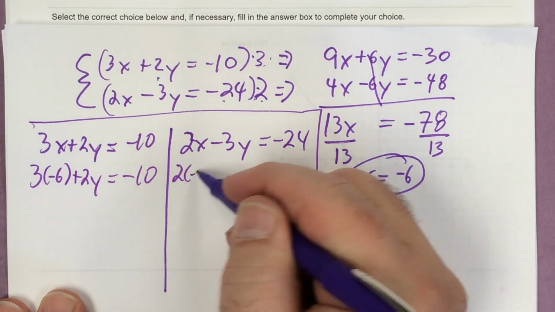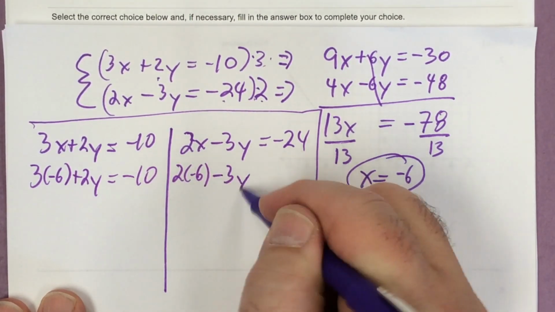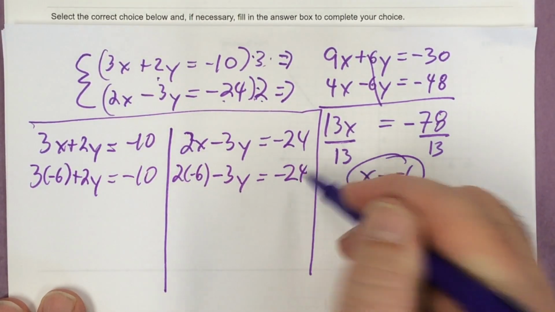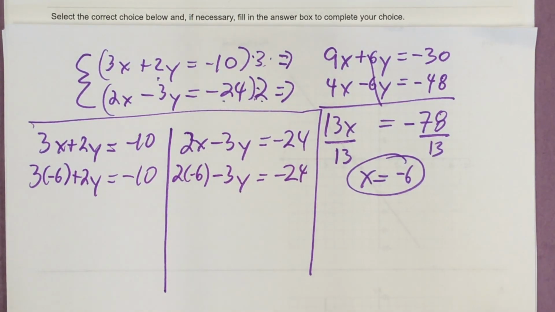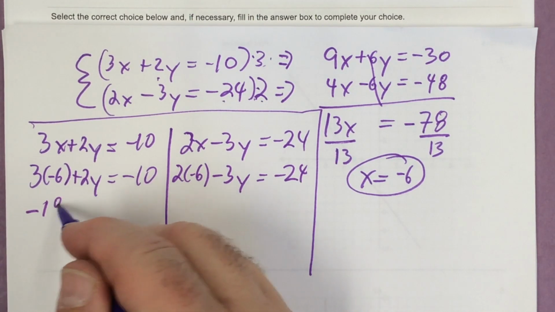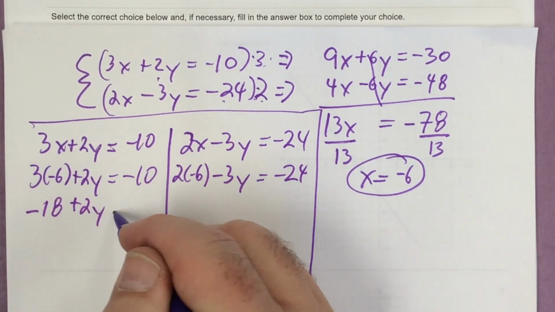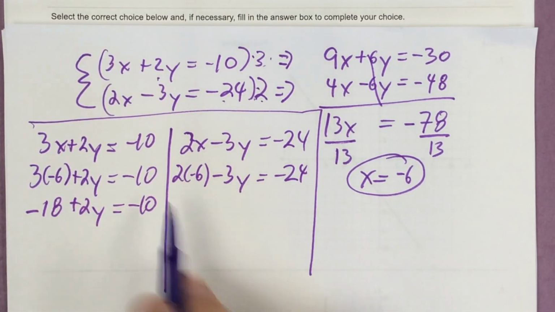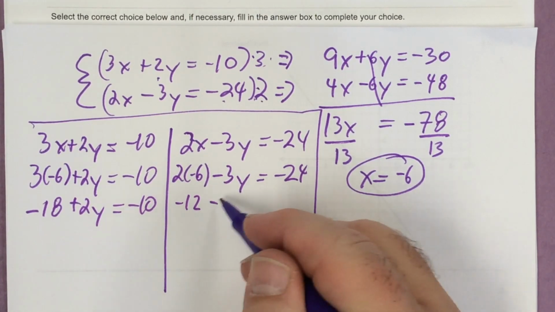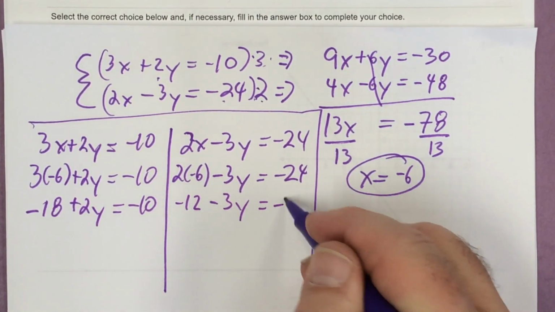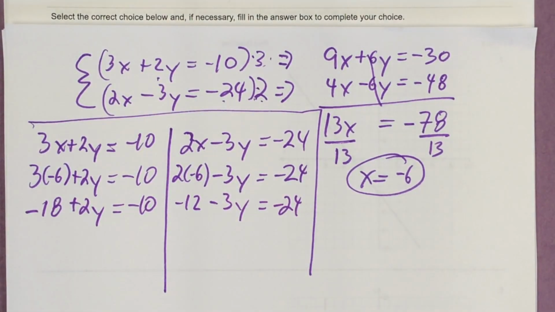This is going to be 2 times negative 6 minus 3y equals negative 24. Well, let's do this. This will be negative 18 plus 2y equals negative 10. This will be negative 12 minus 3y equals negative 24.